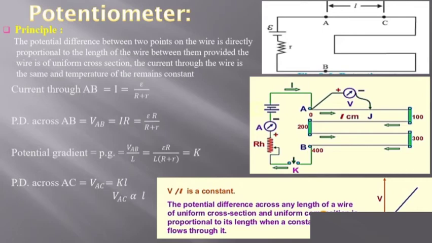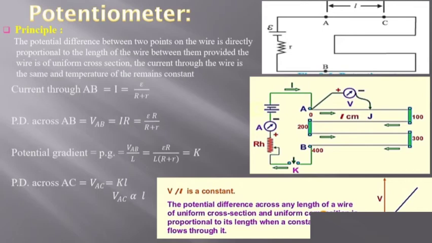So the potential difference per unit length of the wire is VAB upon L equal to ER upon L into R plus r. As long as E remains constant, VAB upon L will remain constant.